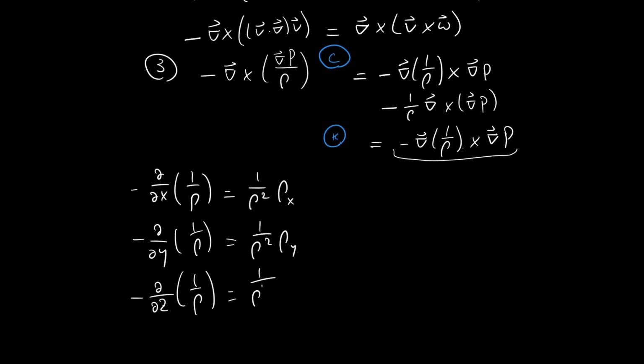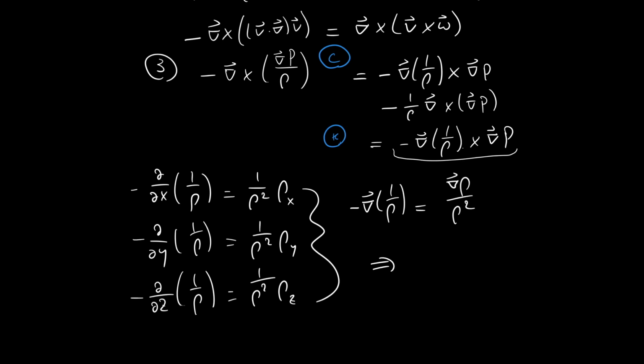So 1 over rho squared d rho dz, and if we combine that into a vector, then we get that minus the gradient of 1 over rho is actually equal to the gradient of rho over rho squared. And so that is an expression that we can use here.